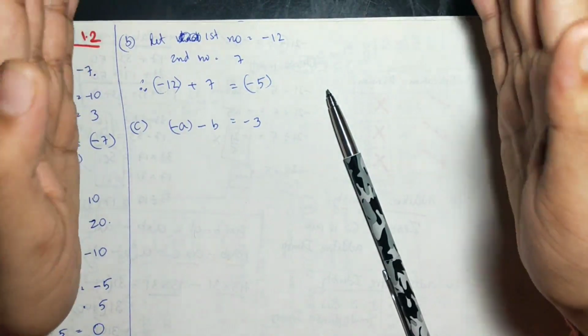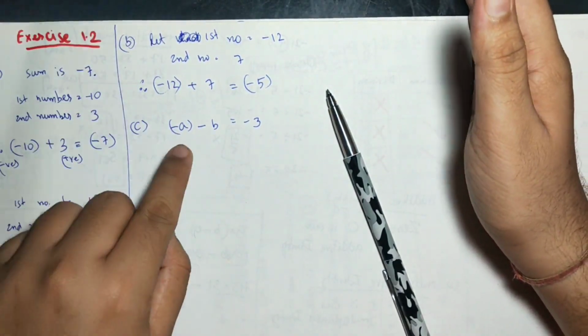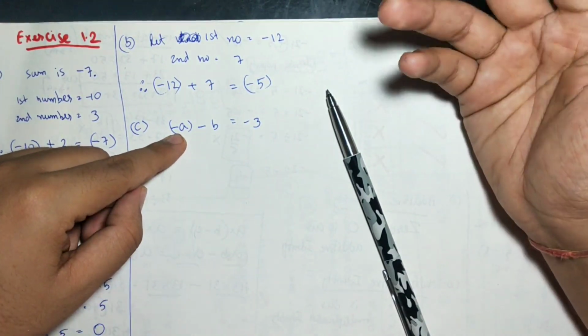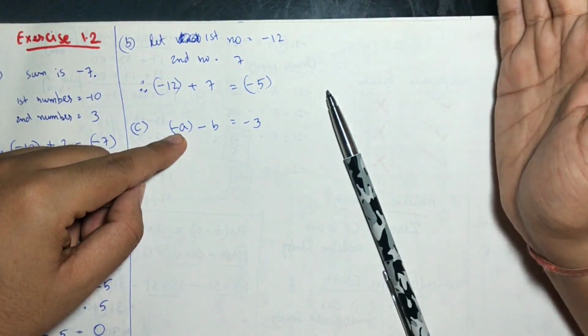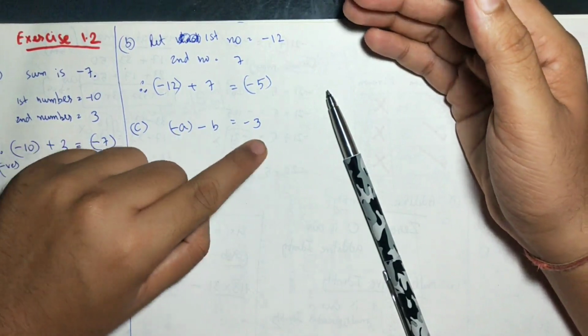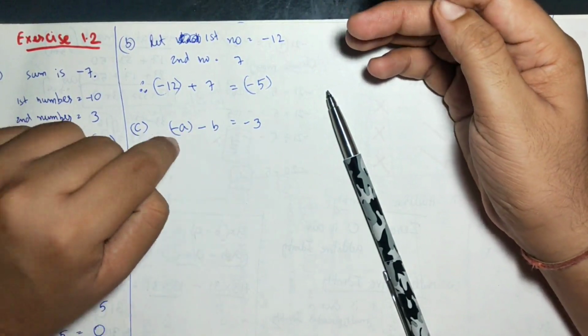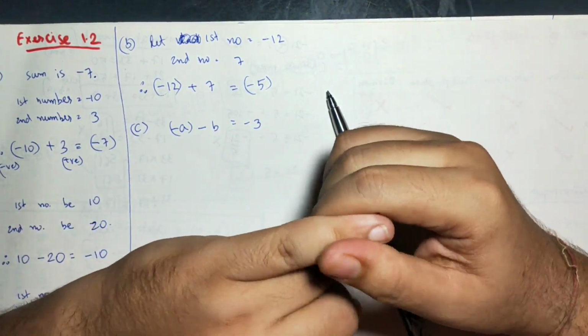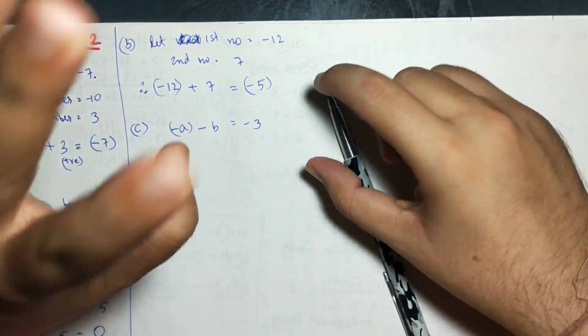I want it to be stable at -3. So if I take a as -3 or -4 or -5, that means greater than or equal to -3, I will never get -3. So -a should be greater than -3. So it will be -2 or -1. That's it. There are only two options for it.